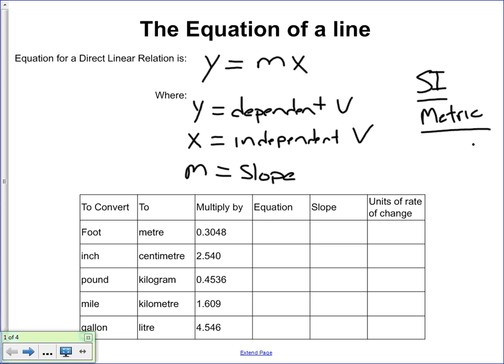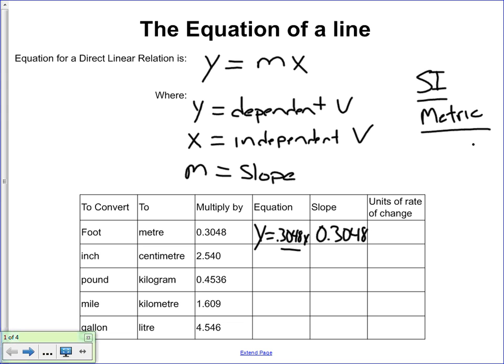If we wanted to set up an equation, say from feet to meters, we can do that by y, so feet, being equal to 0.3048 times meters. Our slope is going to be that relationship, so this value is m.